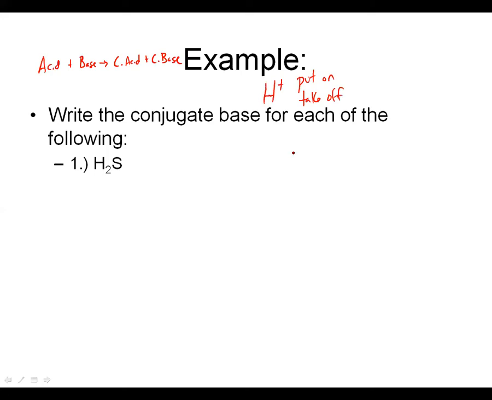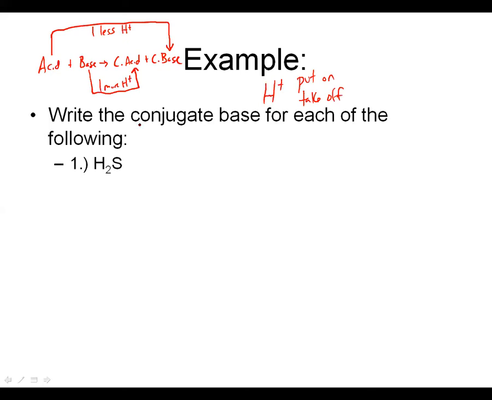So the way you could think about this is the relationship between an acid, a base, and its conjugate acid and base pair. If you remember, the acid is related to the conjugate base, and the difference is one less H plus, while the relationship between the base and the conjugate acid is one more H plus.